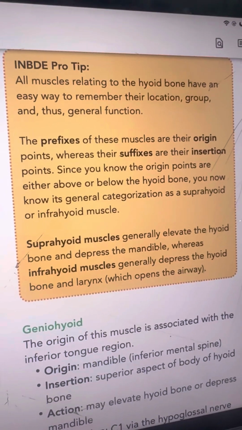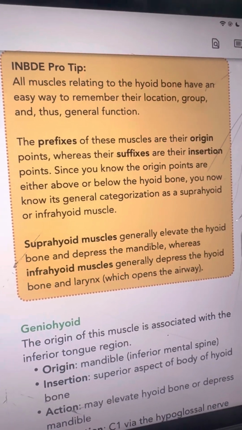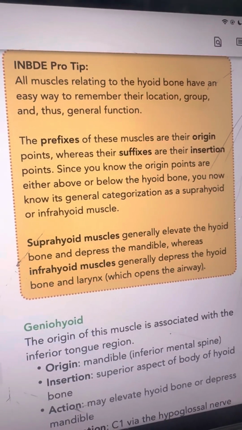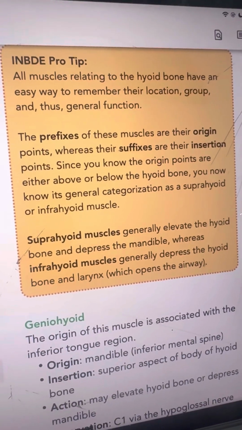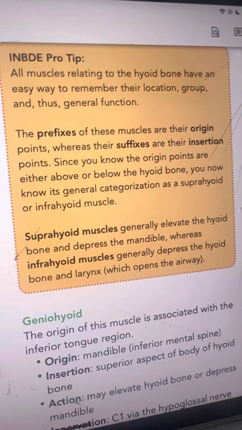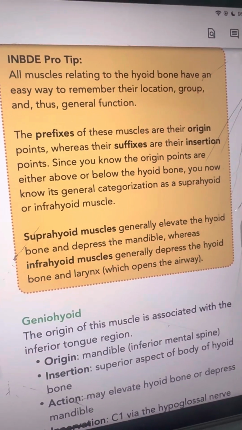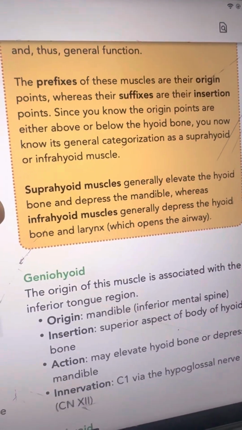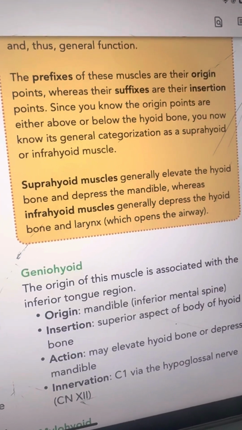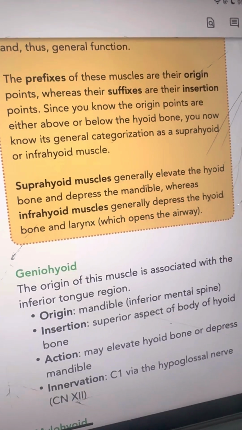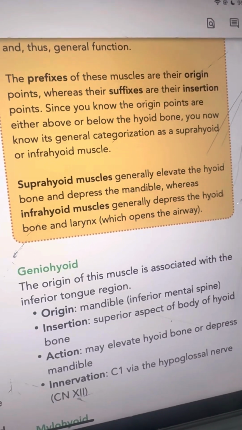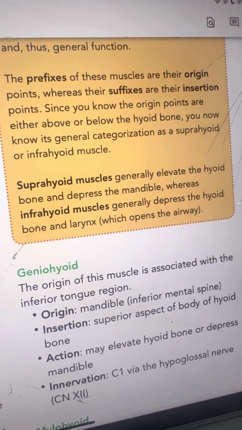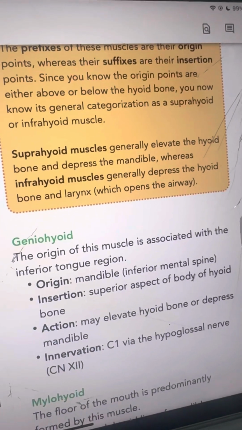Since you know the origin points are either above or below the hyoid bone, you now know its general categorization as the suprahyoid and infrahyoid muscles. Suprahyoid muscles generally elevate the hyoid bone and depress the mandible, whereas infrahyoid muscles generally depress the hyoid bone and larynx, which opens the airway.